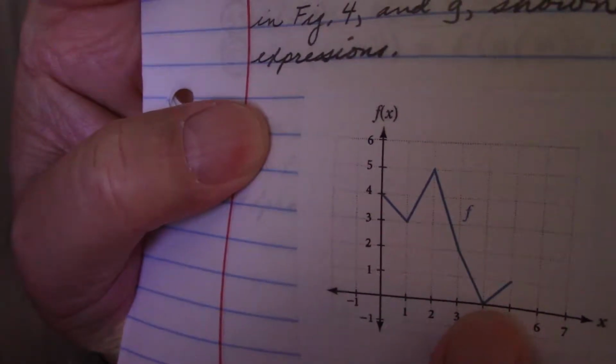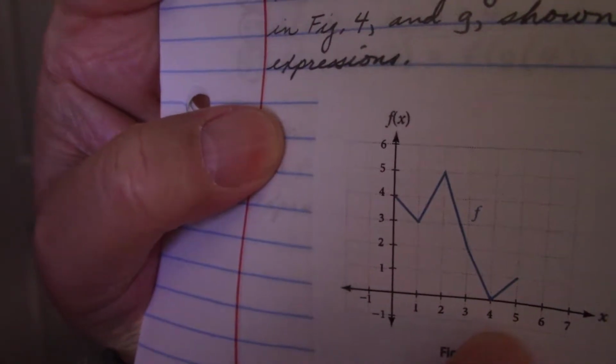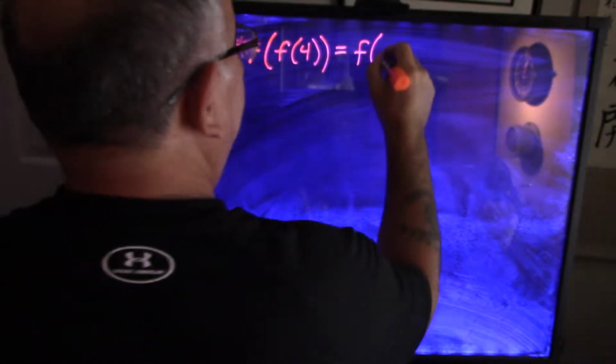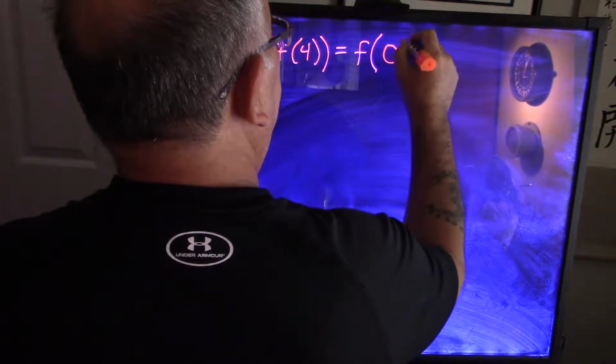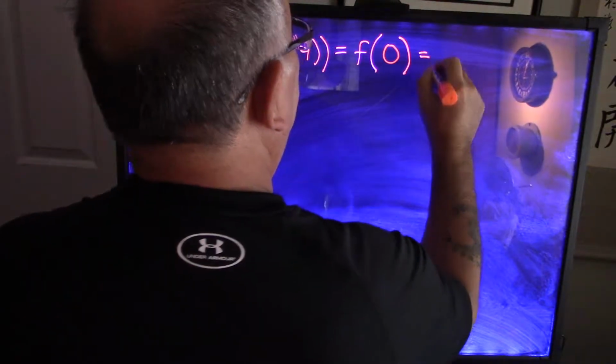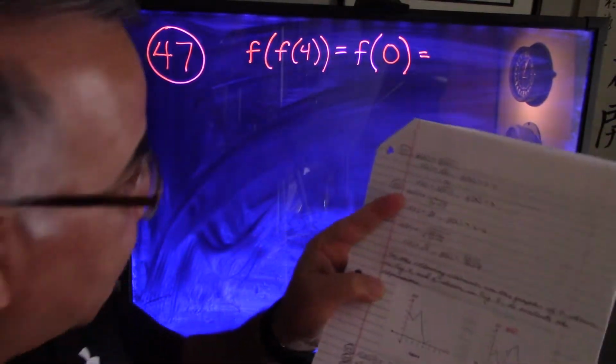And what's f, the y value? That's 0. Okay, so that's f of 0. Now look again at the graph of f for f of 0. I think we already did that, didn't we? F of 0 right there is 4.